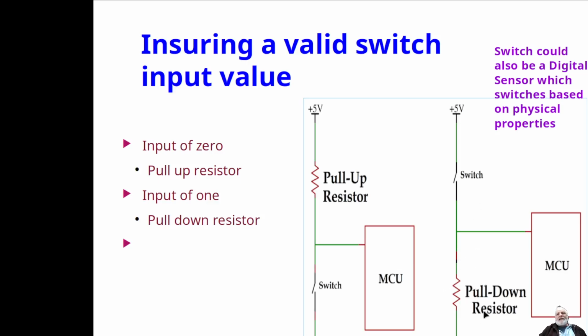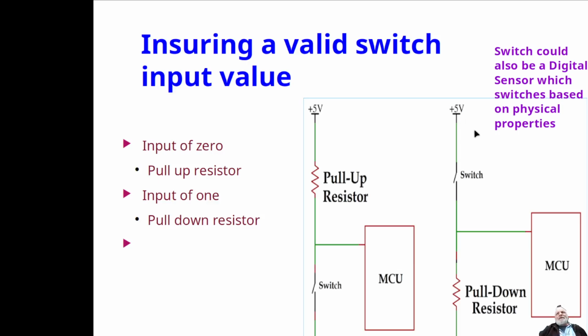Either that or you buy really big resistors, which cost a lot of money, and you're just going to waste a lot of electricity. So you want to choose a resistor for something like this that is going to pull it down, but you don't want to waste a lot of current. In general, I would recommend somewhere around the area of, say, 10 kilo ohms for a 5 volt circuit here.